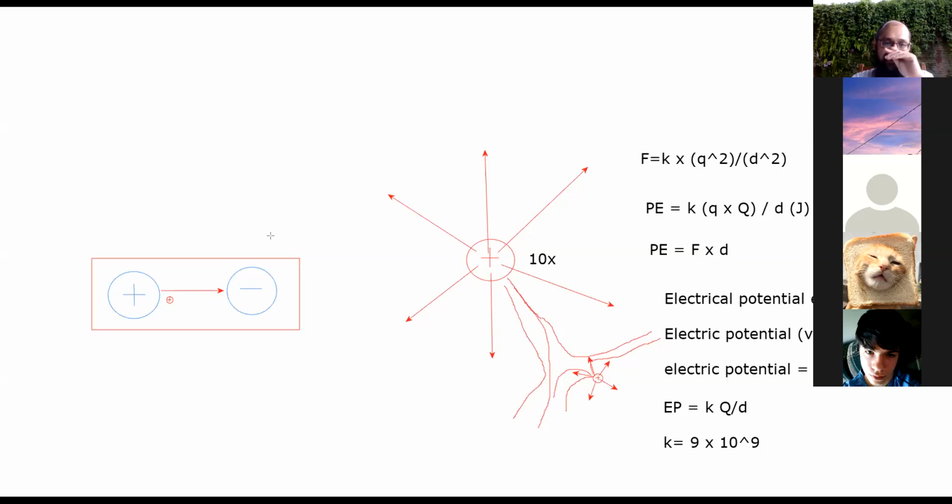Okay, so there's a little positive charged particle going to move there. There's going to be a distance between these two. Let's go the distance of 1 centimeter, that's 10 millimeters.